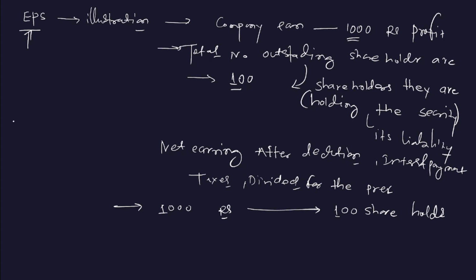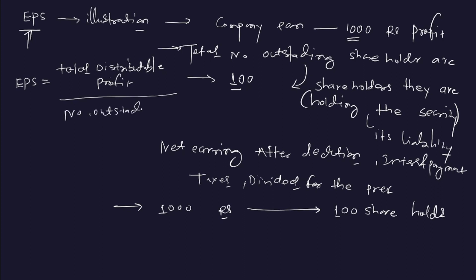So EPS would be the total distributable profit divided by the number of outstanding shares, or total profit earned also, which you can say.